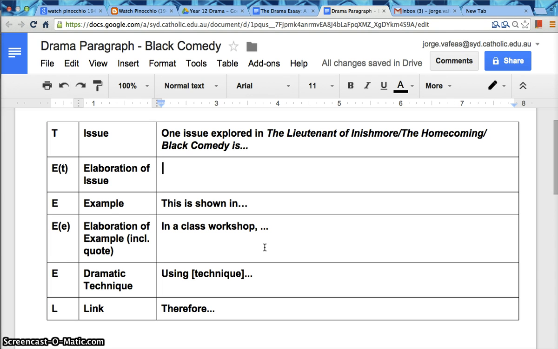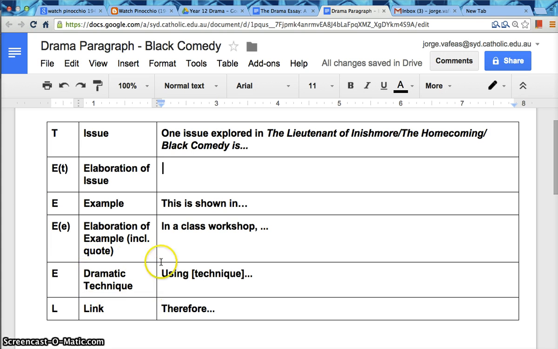Okay? Donnie shouted at Davy inches away from his face, as loud as he could. In The Homecoming, Max was bent over like a crooked old man. Okay? Lenny moved smoothly across the stage, highlighting how sleek his character is.